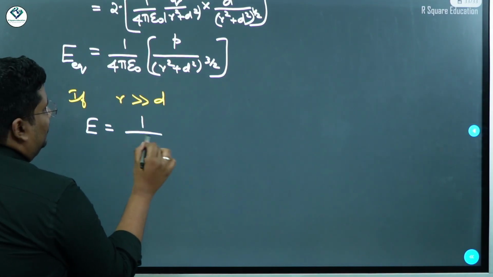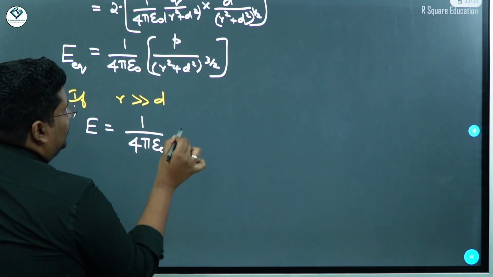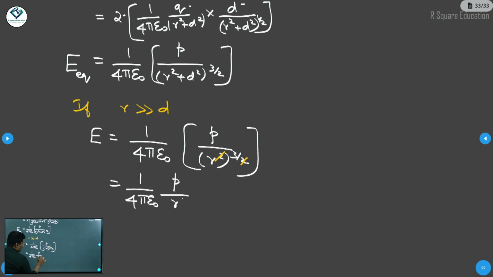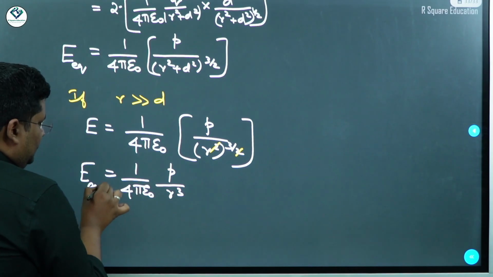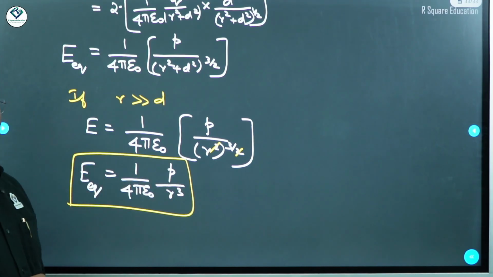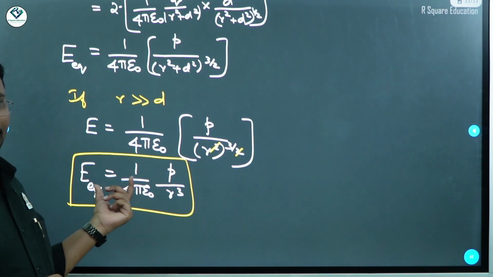E is equal to 1 by 4 pi epsilon naught P by R square whole power 3 by 2. So this 2 cancels. You will be having it as 1 by 4 pi epsilon naught P by R cube. This is going to be the electric field due to an equatorial position, and I have considered only the magnitude.